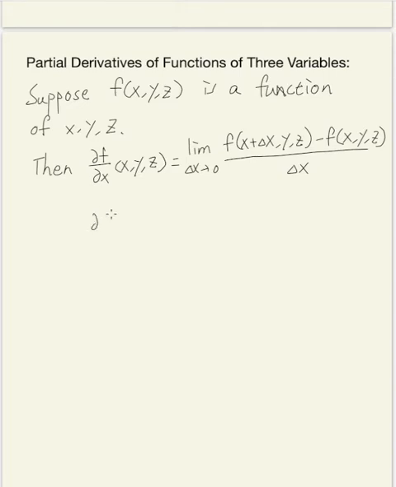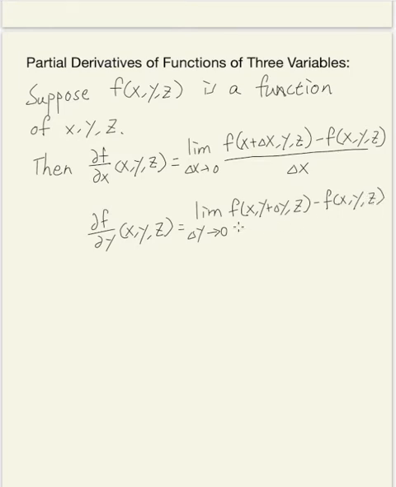And df dy is the limit as delta y goes to 0 of f of x, y plus delta y, z, minus f of x, y, z, divided by delta y.